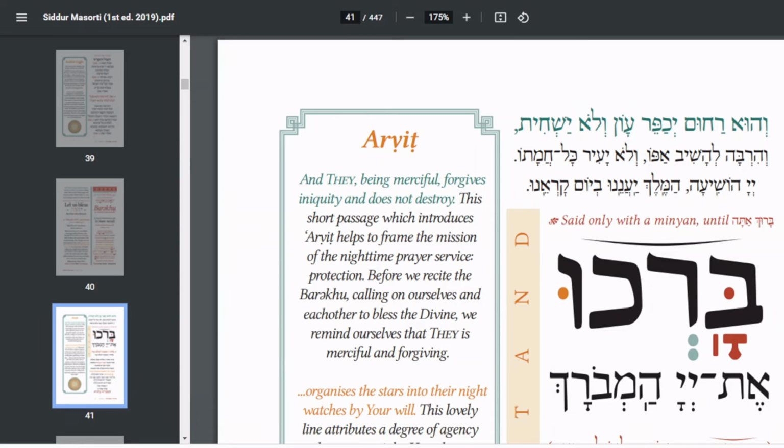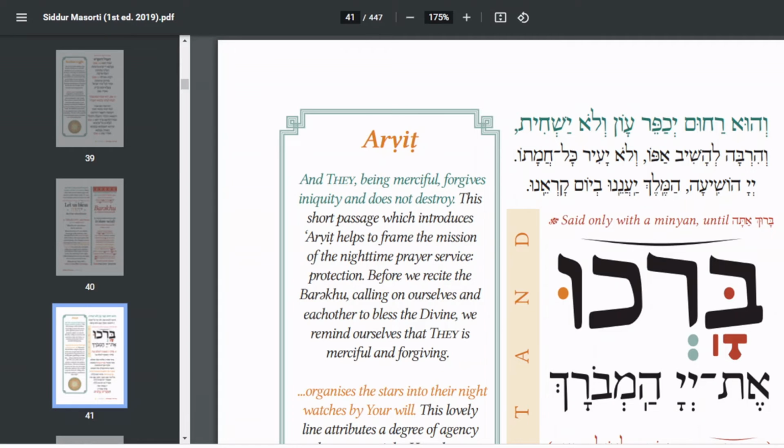We're going to start off with this piece that comes right before the barchu. It says vehu, and he. And if you look a little further on, it says velo, and no, or and not. And then here we've got vehirba, and over here velo again.